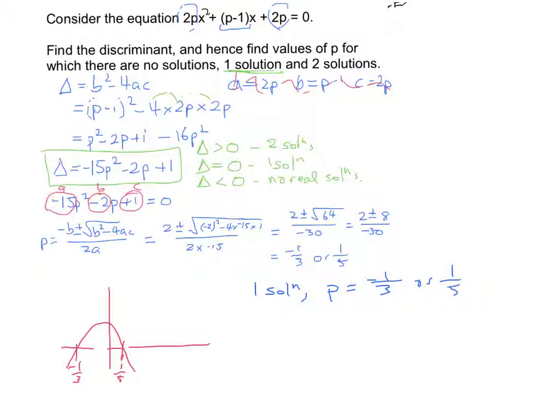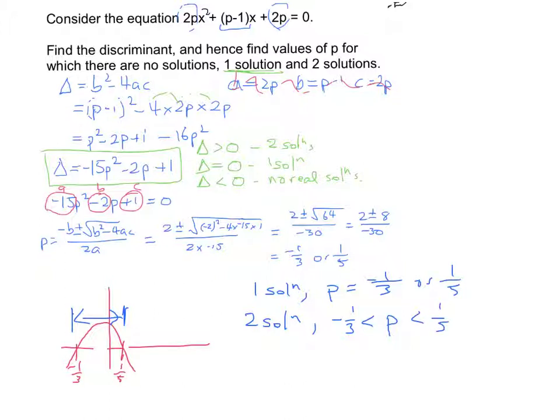When we have two solutions, then we're looking at where the discriminant is greater than 0. So that's going to be this section here, so that'll be negative 1/3 less than p less than 1/5.